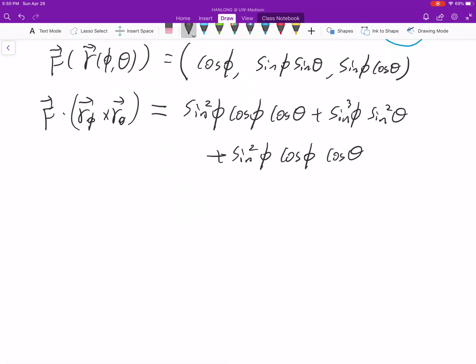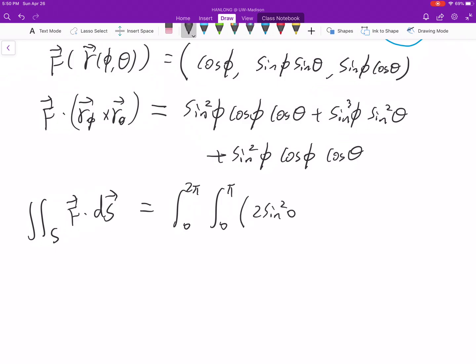Okay, then we can do the integral. By the formula, we transform that to a double integral from 0 to 2 pi, from 0 to pi, and inside you have 2 sine squared phi cosine phi cosine theta, plus sine cubed phi sine squared theta, d phi d theta.